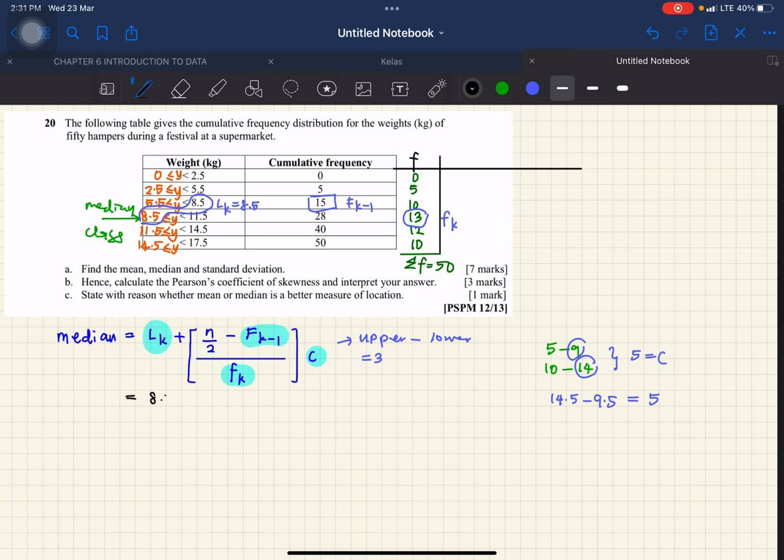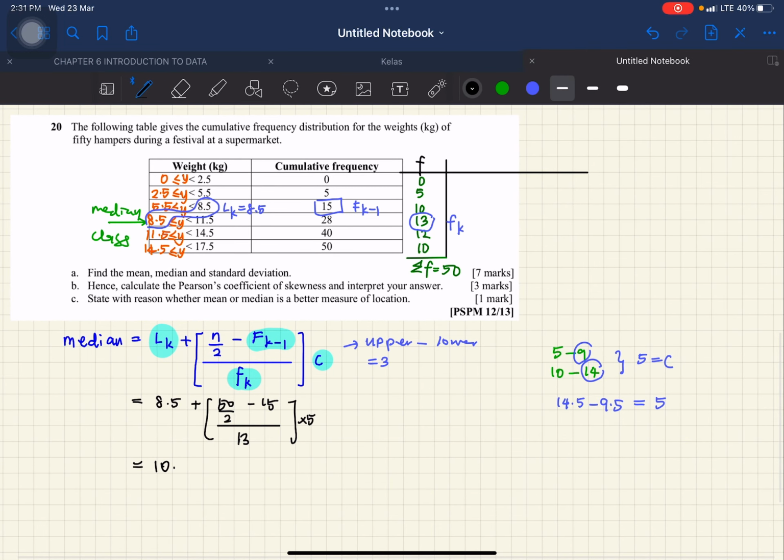So dapat 8.5 and then plus 50 divide by 2 minus with 15 over 13 times with 5. Okay, so saya dapat jawapan, I think it's 10.72. No, 81. Okay, so awak dapat 10.81. Okay, that's it for your median settle.